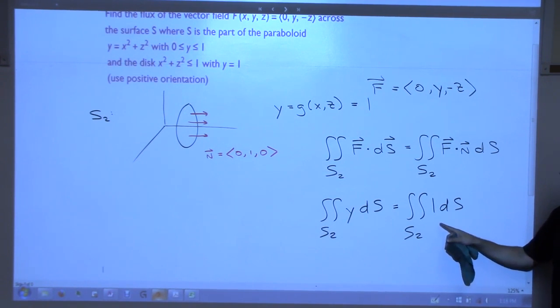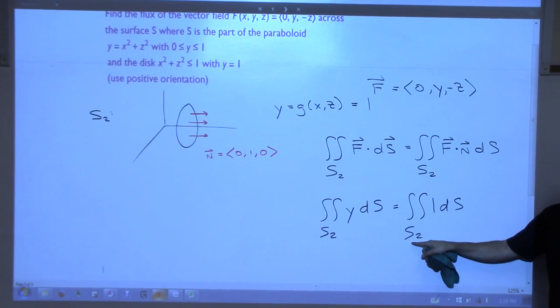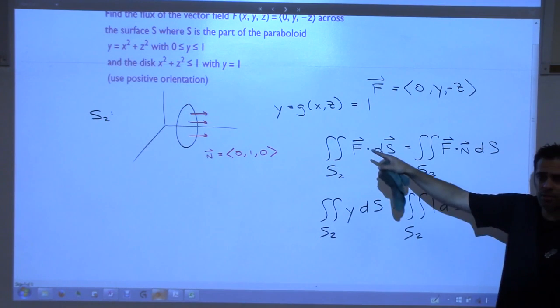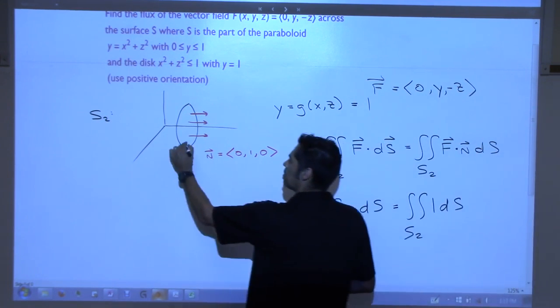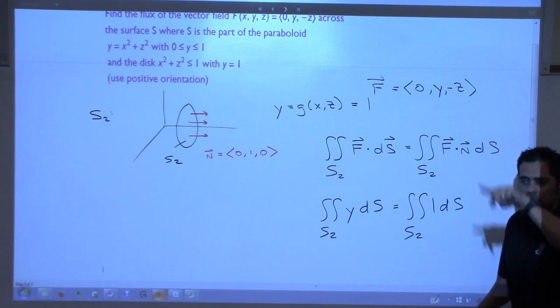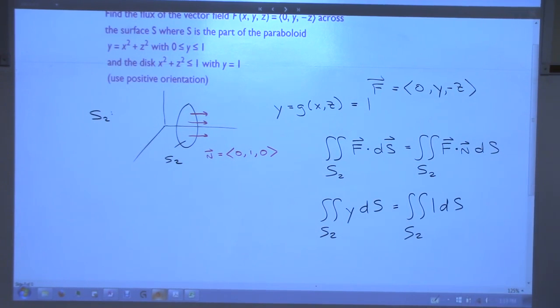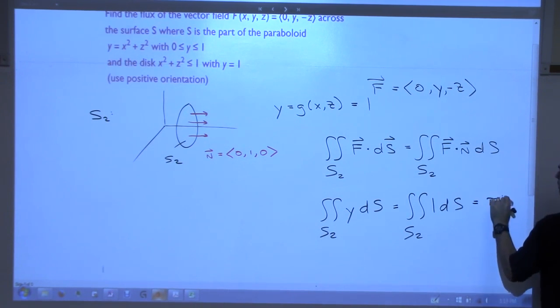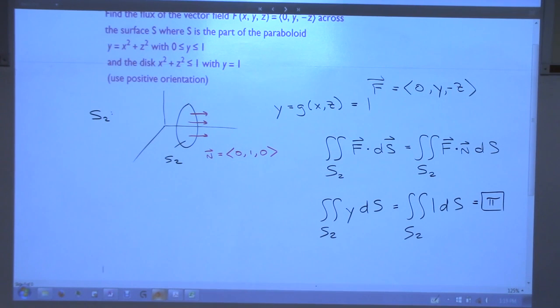This is the area of S2. And S2 is a circle. And what is its radius? 1. So it should be pi r squared. So this should just be pi. With no work. You see that? With no work at all.